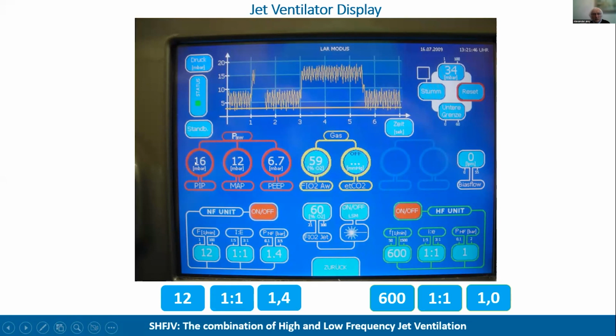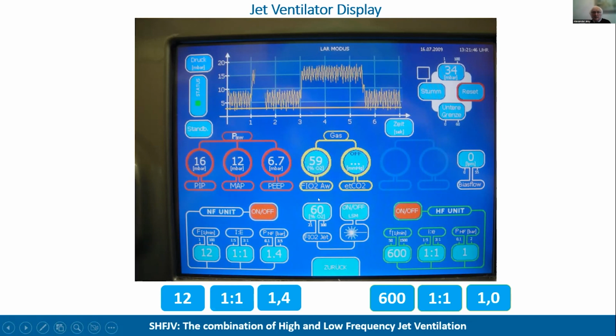And look here, the pressure is 16 millibars. The peak pressure, the mean pressure 12 millibars, and the PEEP, the positive end expiratory pressure, 6.7 millibars. On the right side, we have the adjustment for the high frequency jet ventilation, frequency 600, inspiration to expiration 1:1, and the pressure 1.0 bar. And look here, the pressure in the endoscope is 16 millibars and not bars.